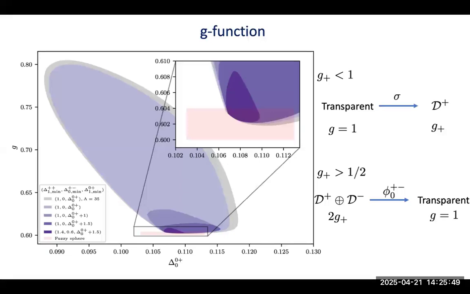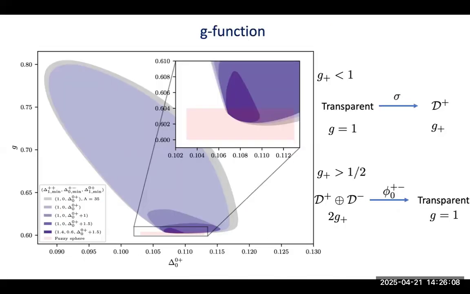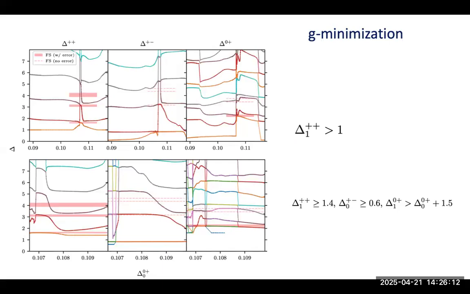Notice there is a nice kink on this nugget here, and whenever you are near a boundary of an allowed region, you get a solution to crossing, a so-called extremal solution to crossing. So you can look at the spectrum of operators corresponding to that extremal solution, and when you're close to the kink here, a few low dimension operators agree very nicely with what we know from fuzzy sphere exact diagonalization.